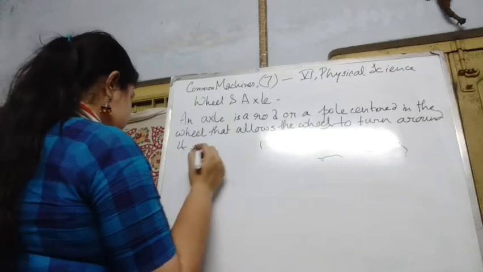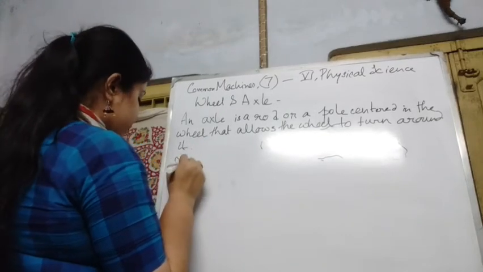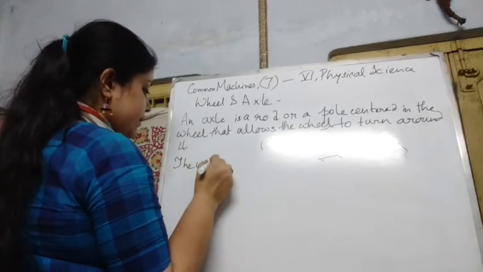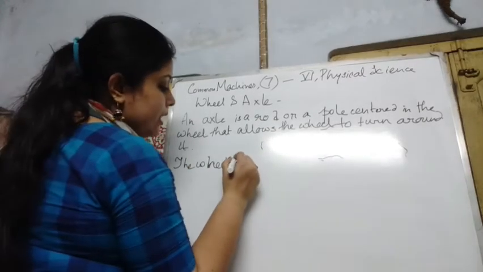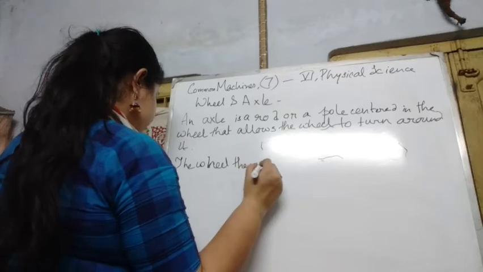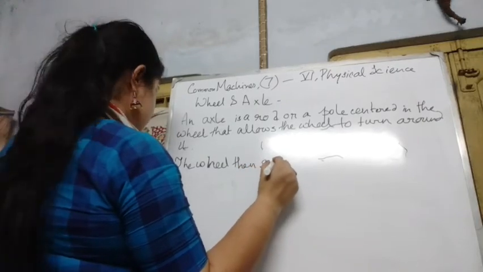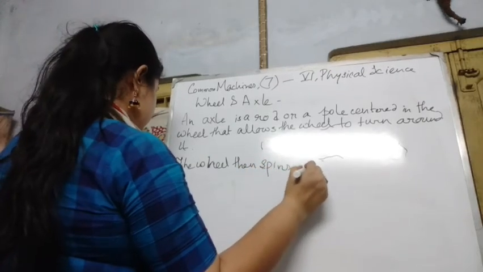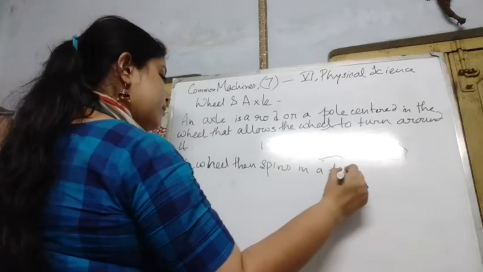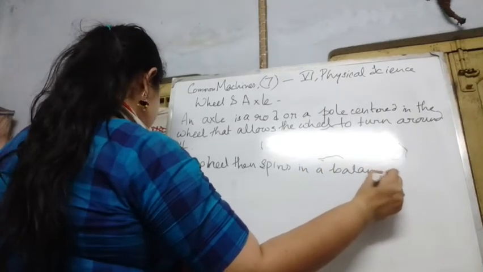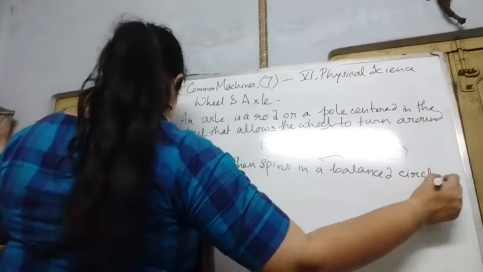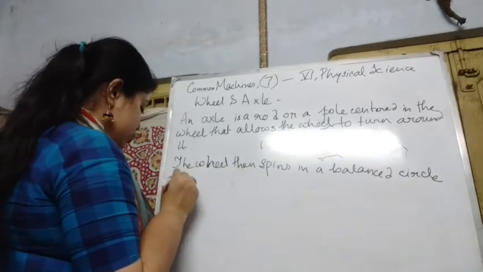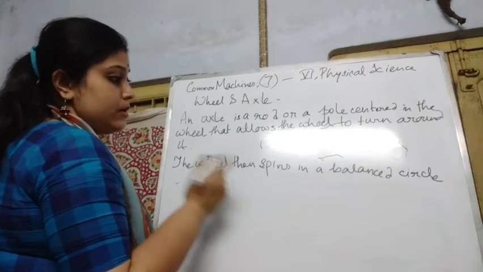And the wheel will then spin in a balanced circle to it.